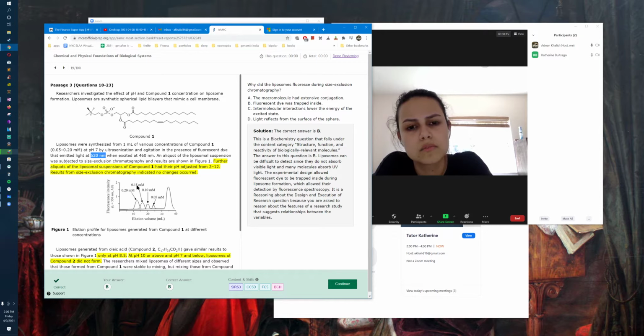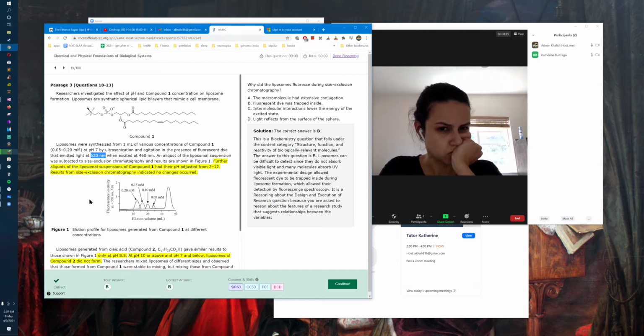I guess it's just what they call the liposome mixture that they put compound 1 in. Okay. And it's what comes out of the size exclusion chromatography. I just think of it as like a little container of sample. Yeah. Further aliquots of the liposomal suspensions of compound 1 have the pH adjusted. Okay.